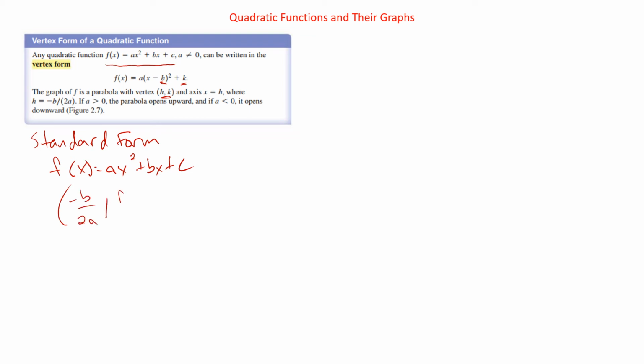The y part of the vertex, we actually just have to plug it in. It doesn't tell us what it is in the equation itself, but we would plug it in to get k, and that's what this is saying right here, that from the standard form, we could plug that in to get the vertex for the vertex form.